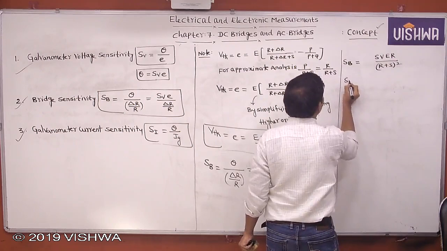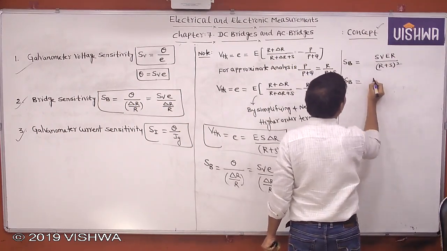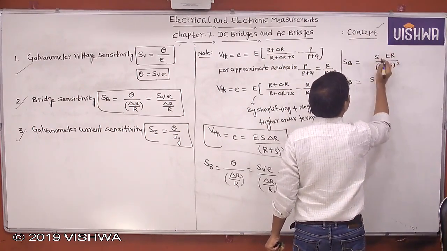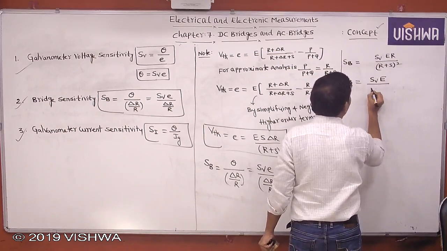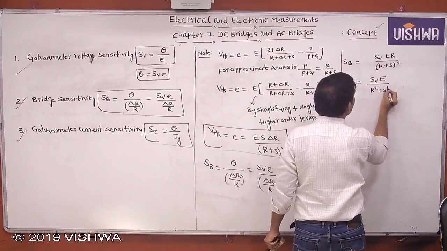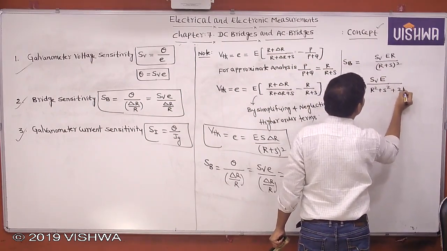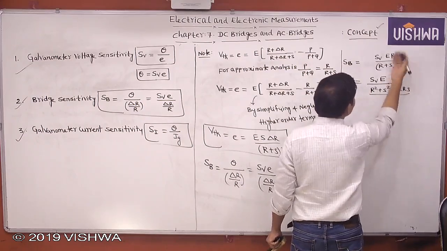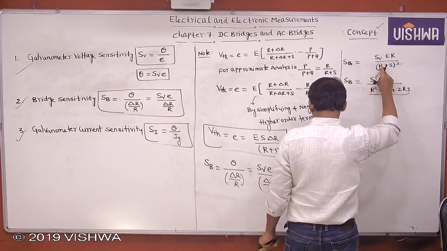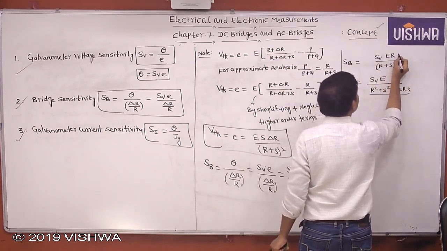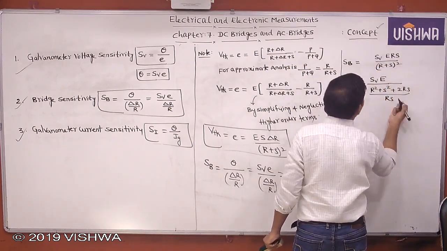Then you simplify this, bridge sensitivity SB equals SV into E by R square plus S square plus 2RS. I am bringing this RS, this is SV into ERS by RS, you can write.